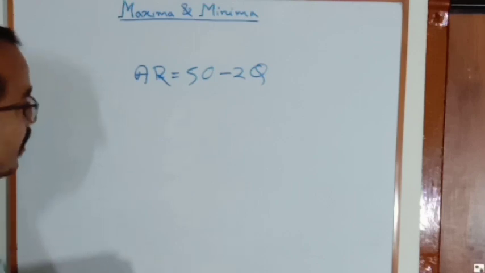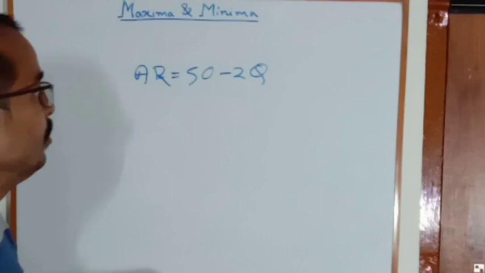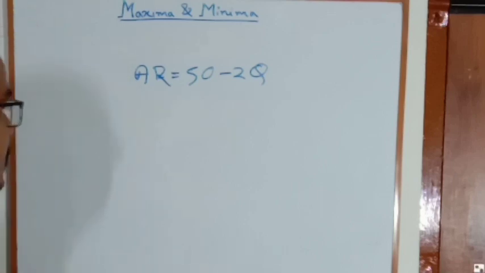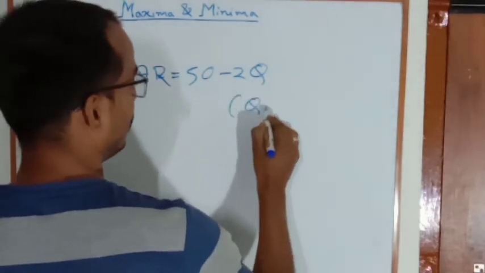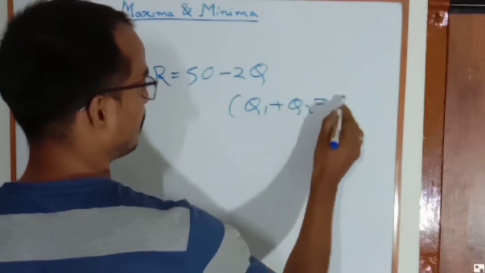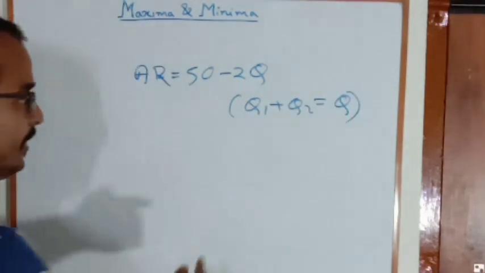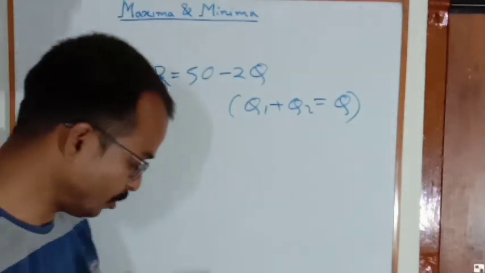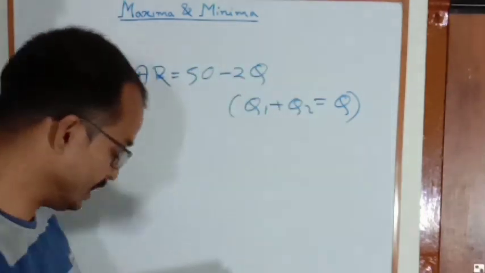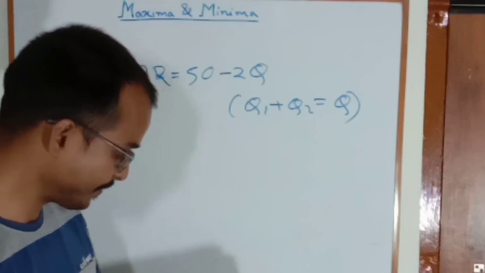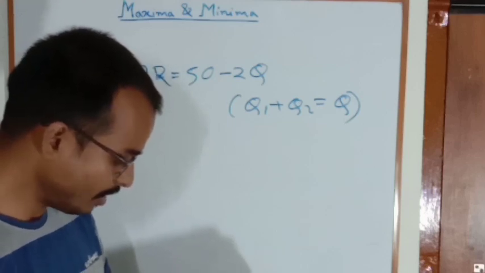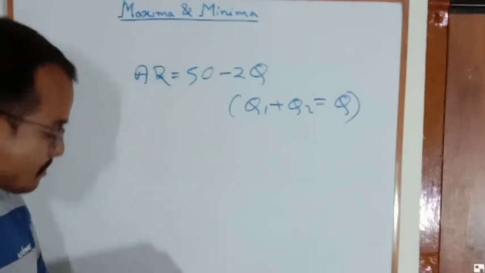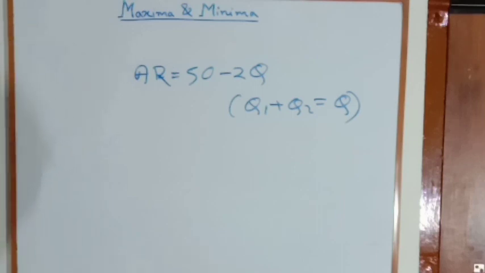Now you know Q means Q1 plus Q2 is equal to Q. Total output is divided into two, in the case of two plants. So if you do it, you will get your TR.